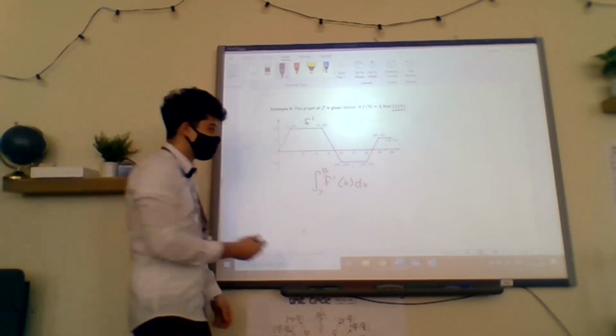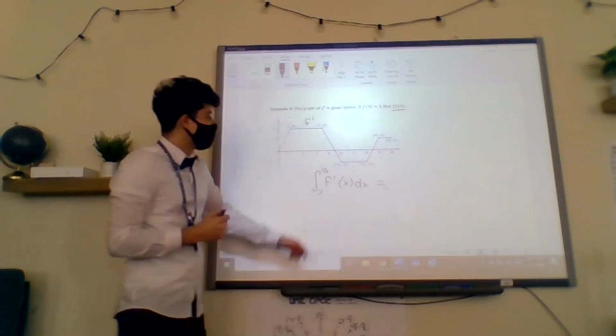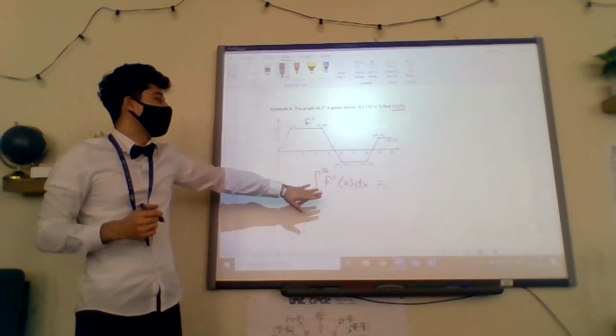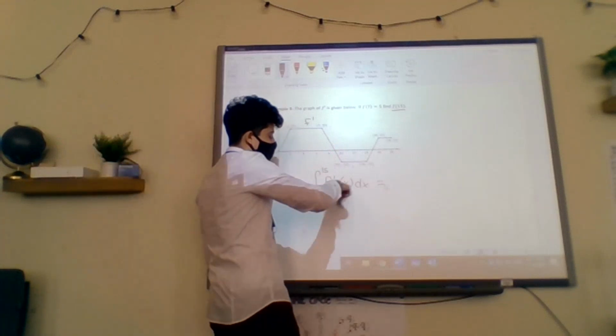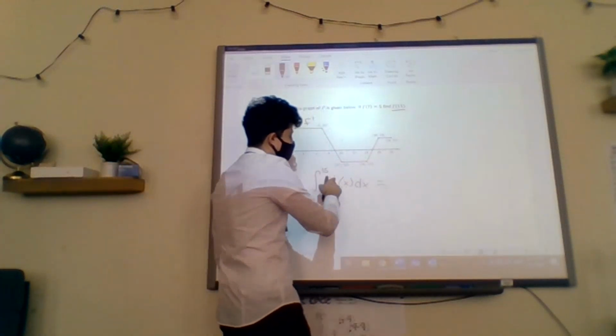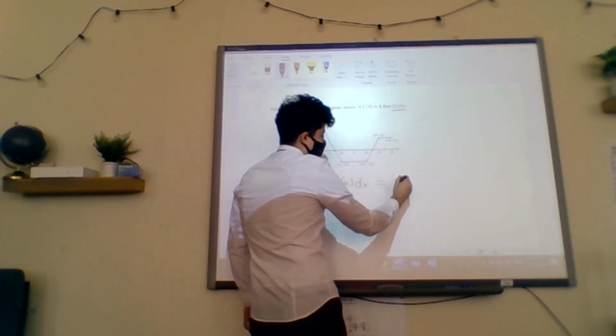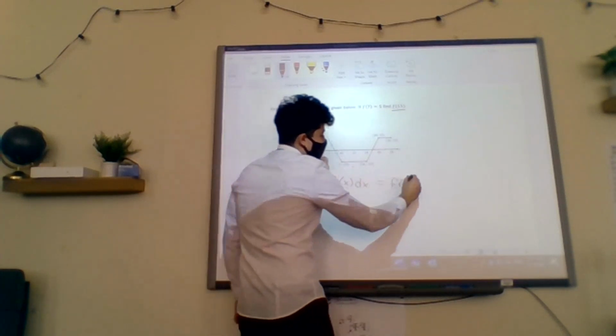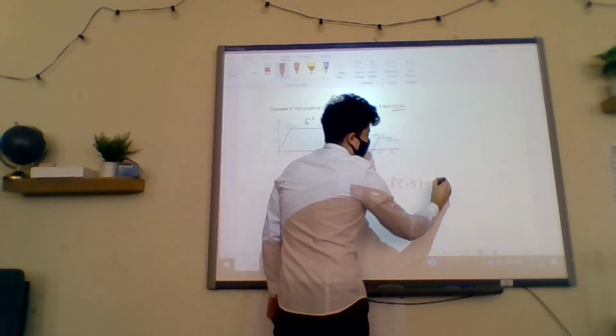Because, watch this. If I were to take this integral, we just learned that the answer evaluates as, well, I undo the derivative. In other words, I get f back. And then I plug in 15 minus f of 7.